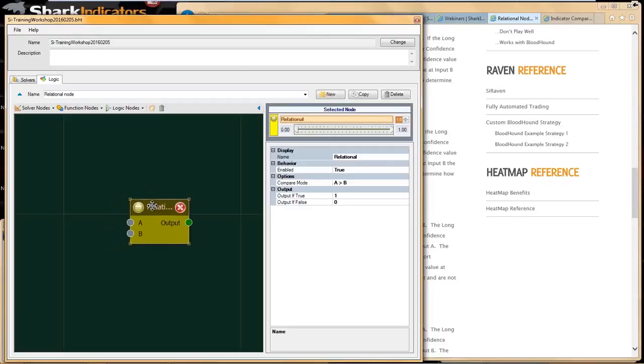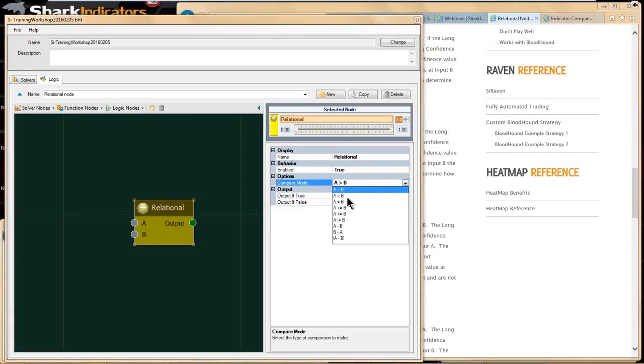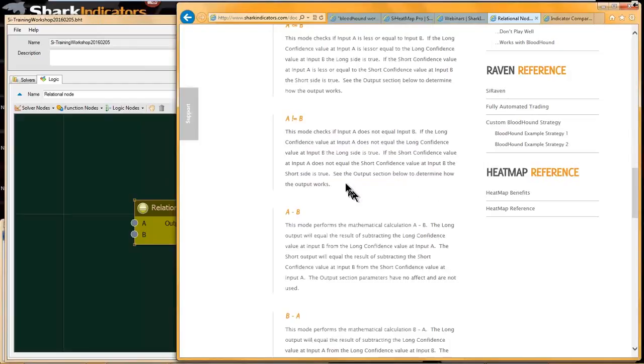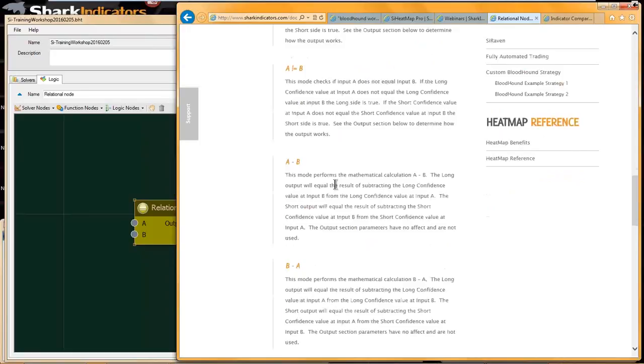All right, we got a relational node here. Here's the list of all the different types of comparisons that this can do. The most common ones are checking to see if A is greater than B, less than B, or equal to B. This one, A is not equal, the exclamation means not equal to B. And of course, the help guide page explains what all these modes mean.